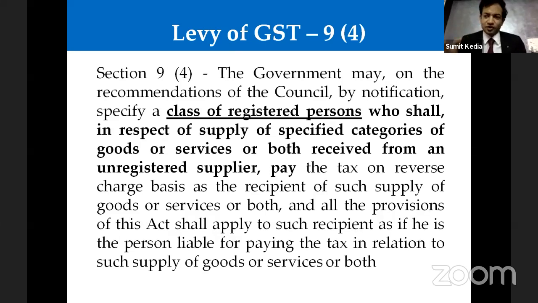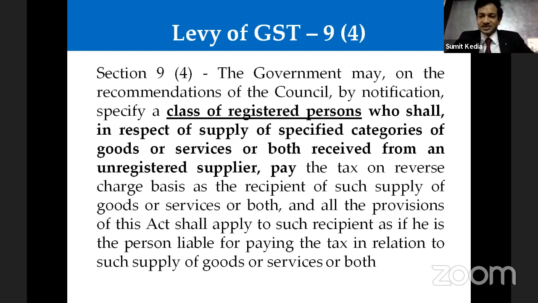So section 9.4 today is applicable on builders when they procure any goods or services under the new methodology, under the new scheme which was brought in for builders without ITC. They said in that scheme, the builder has to pay GST on reverse charge on the procurement of goods and services if they do not procure minimum 80% from registered vendors, whether it is goods as well as service.